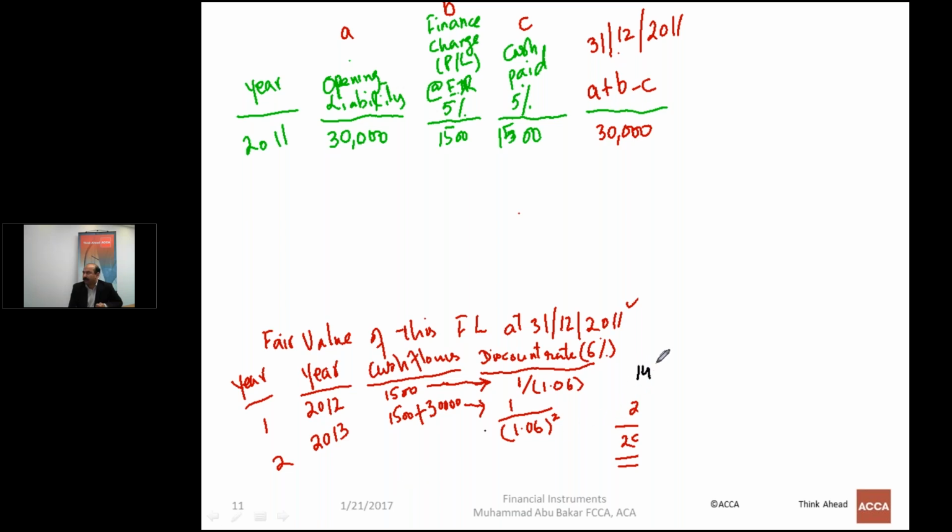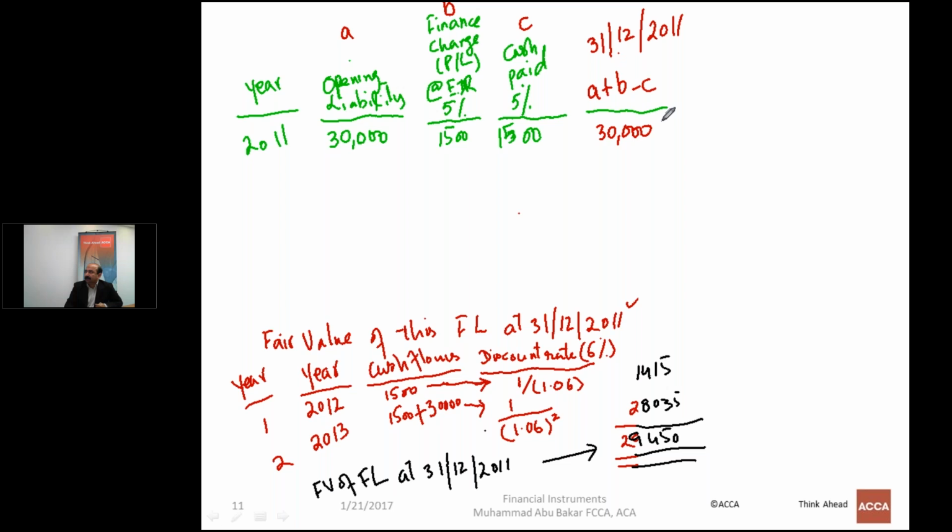This was 1415 and this was 28035, and the total was 29450. So this is basically the fair value of this financial liability at 31st December 2011.